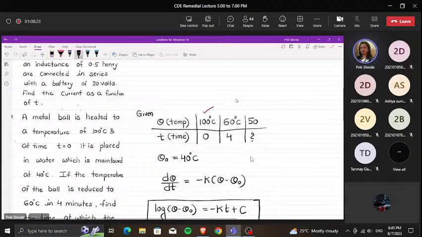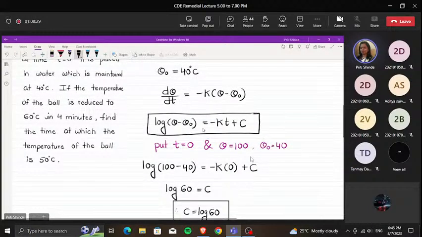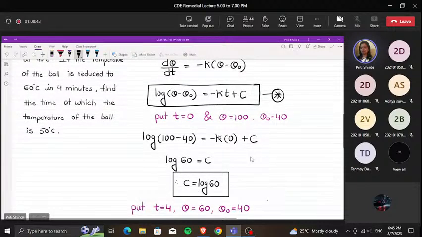Okay, so your table is ready. Use the first condition: t is equal to 0, theta is equal to 100, and surrounding temperature theta 0 is equal to 40. Replace in this equation and simplify. We get the value of c, which is log 60.